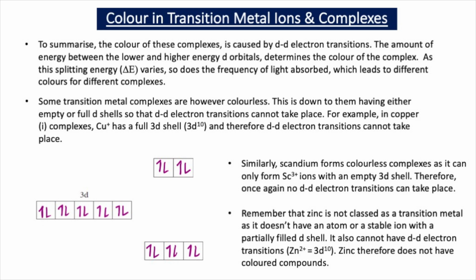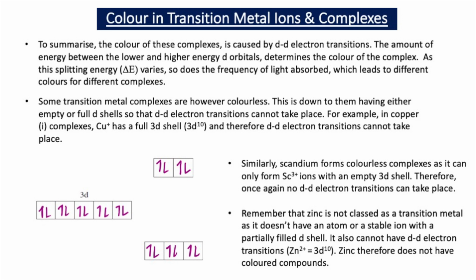Now, some transition metal complexes are, however, colourless. This is down to them having either empty or full d shells, so that d-d electron transitions cannot take place. For example, copper(I) complexes, Cu+, have a full 3d shell.